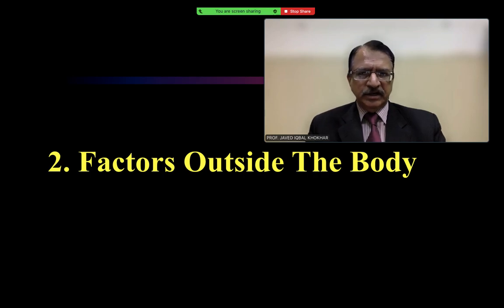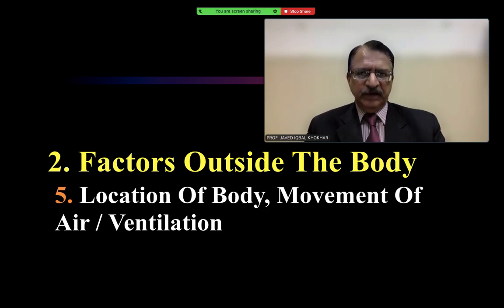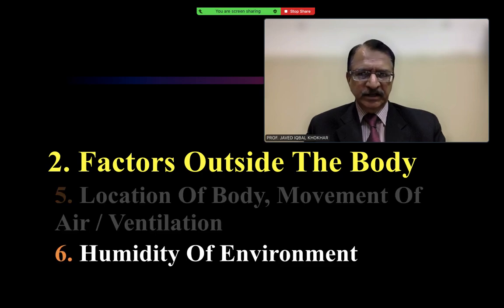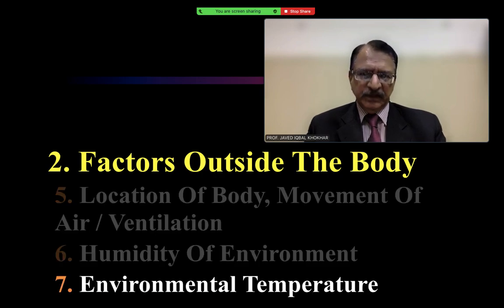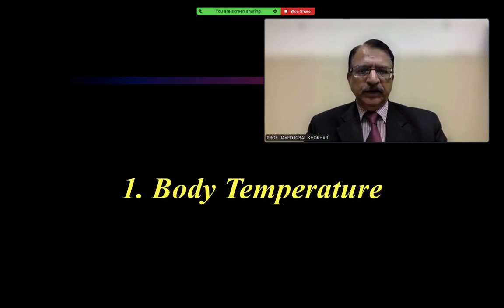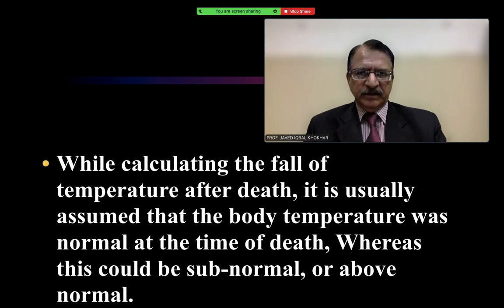Then the factors outside the body depend upon the location where the body is lying, the movement of air, the ventilation, the humidity, and the environmental temperature. Now, regarding the body temperature, for this we should know what the temperature was at the time of death. And usually it is assumed in normal deaths that it is the normal temperature.